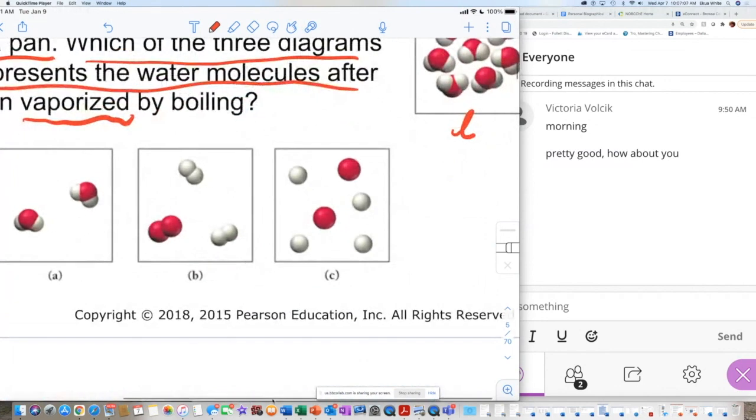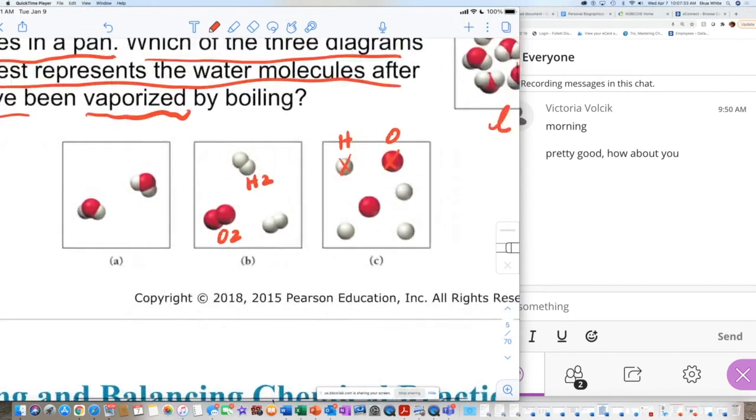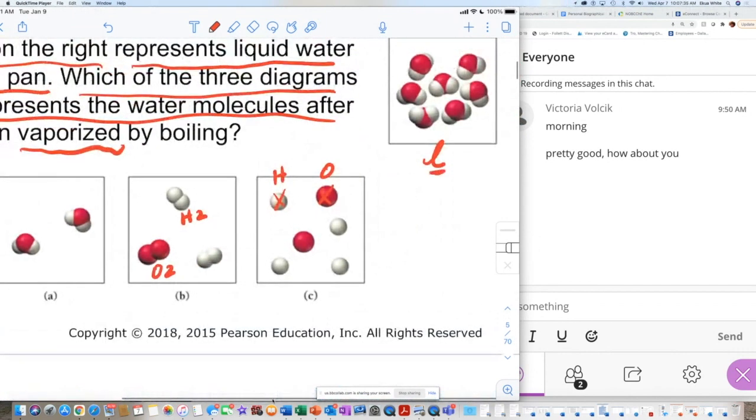Okay. First of all, we have to find the water molecules and then find out which one looks like a gas. These are not water molecules at all. These are oxygen and hydrogen separated. This looks like an oxygen molecule and a hydrogen molecule. So we got an oxygen molecule right here, a hydrogen molecule right here. Once again, not water. Here you got the hydrogen and the oxygen atoms actually separated. So here you got oxygen atom, hydrogen atoms. If you're comparing the liquid to B, this will actually be a chemical change because the connectivity is completely different.